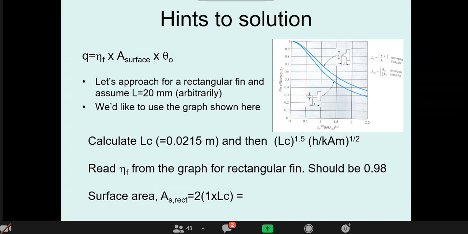Lc, by the way, is defined as L plus t by 2. T is given to us, so that's 20 millimeter plus 1.5 millimeter. That makes 0.0215 meter. H is given, K is known. The next thing you need to do is to find the profile area Am. Can you tell me what is the profile area?